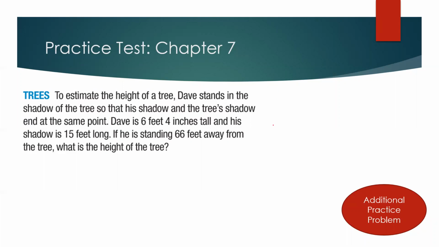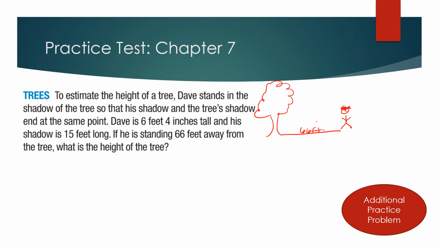Okay, so we've got this tree. Okay, and then we've got Dave. Here's Dave, okay? He's got some spiky hair, okay? All right, so there's Dave. He is standing 66 feet from the tree, okay?